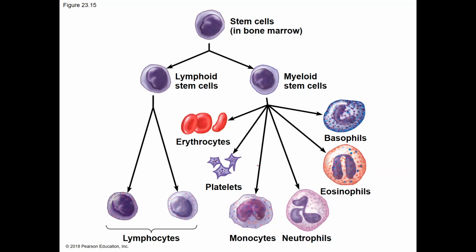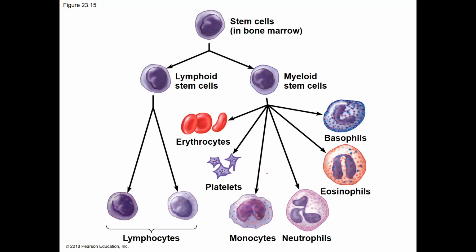Those lymphocytes function in our immune system. But the myeloid stem cells can differentiate into other white blood cells and platelets and erythrocytes, and those will continually produce and replace all the blood cells that are needed throughout life.